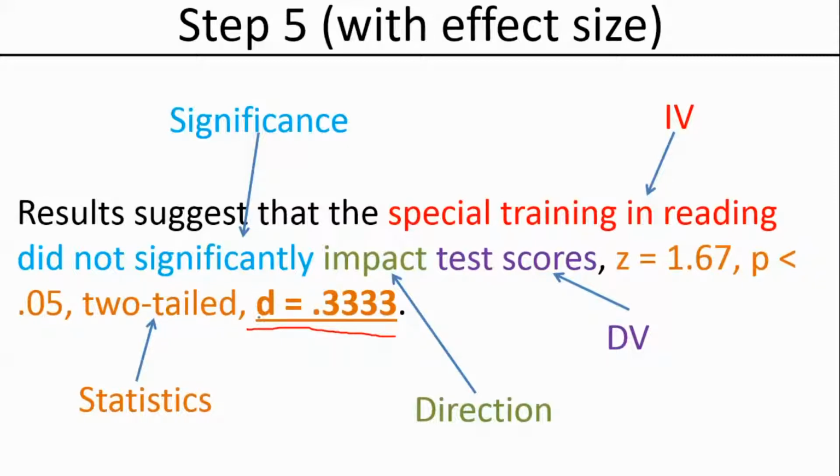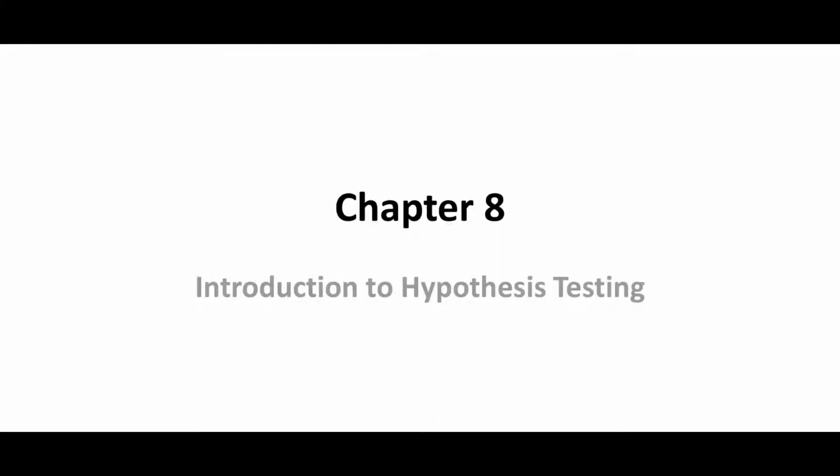You wouldn't underline it, but this is important because it's going to give us context. It's going to say, what is the effect size controlling for the size of our sample? Because you can have hundreds and hundreds of people and get something that's significant, but that does not have a substantial impact. All right, well, that wraps things up.